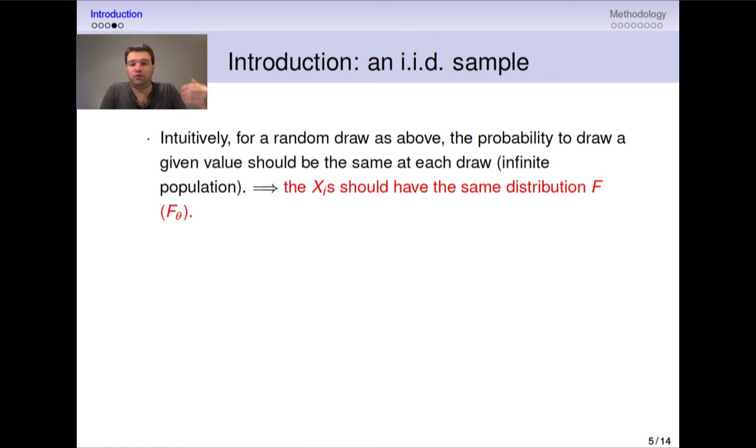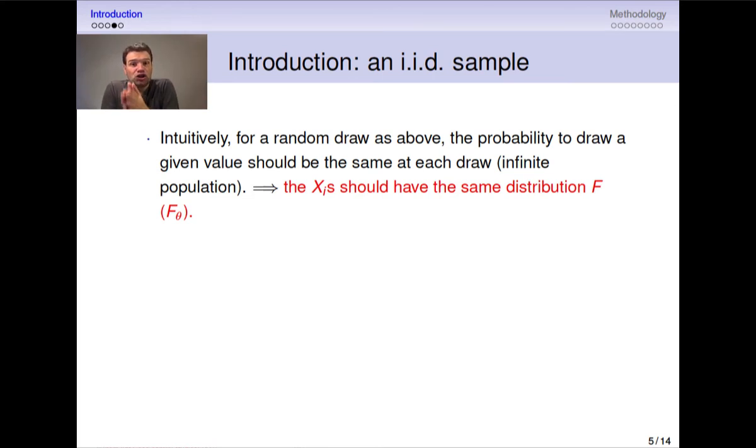If you picked two men for the first two rows, the probability to pick a woman at the third row is the same as if you had picked two women for the first two rows.